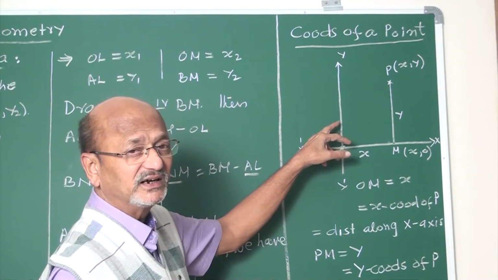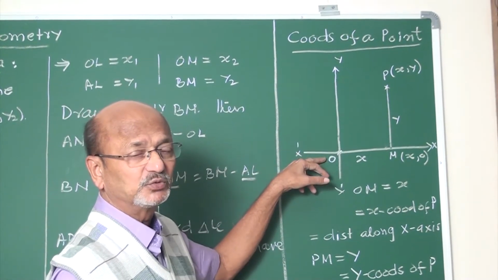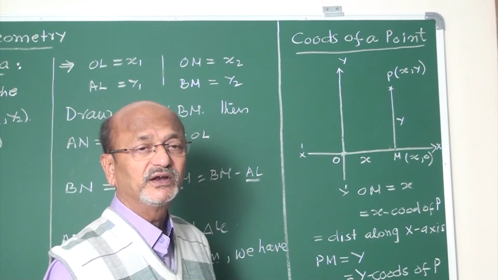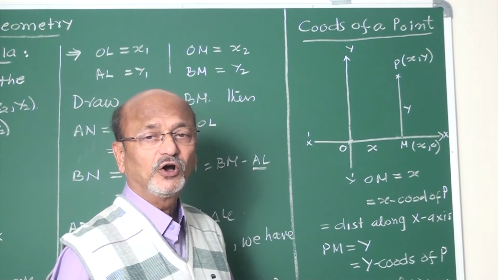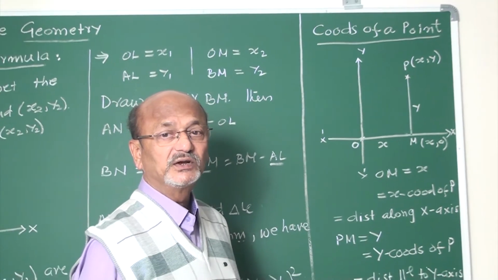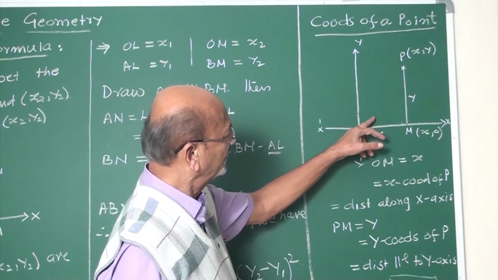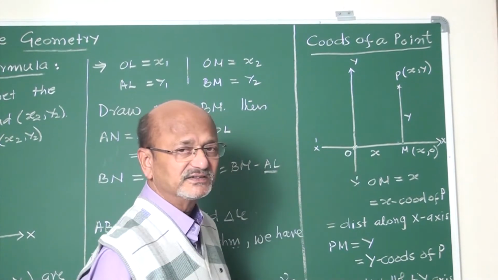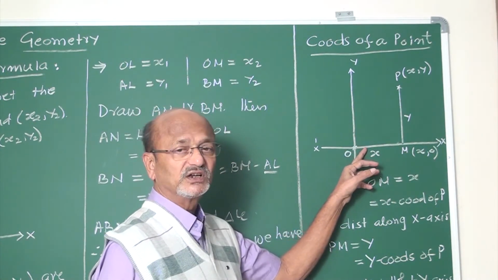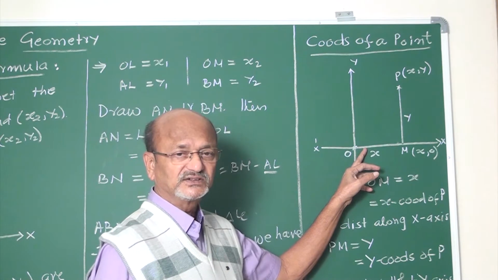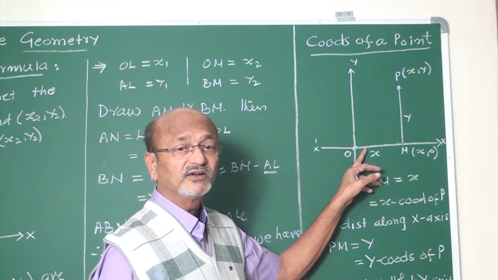The plane that contains the x-axis and y-axis with the origin is known as the xy plane or Cartesian plane. One more name: rectangular axes. The x and y axes together are known as coordinate axes or rectangular axes.